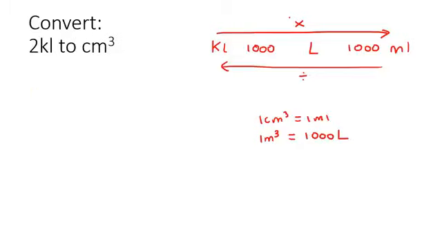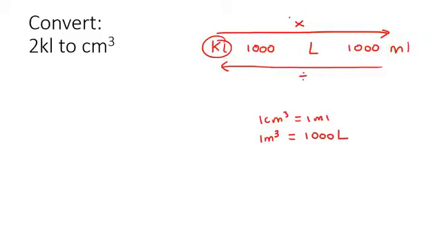Now this is a good question because kiloliters does not convert to centimeters cube directly. We only know this one for centimeters cubed. So what we'll do is first change the kiloliters into milliliters, because kiloliters and milliliters can be converted, and once we have milliliters, then we can just use this one.